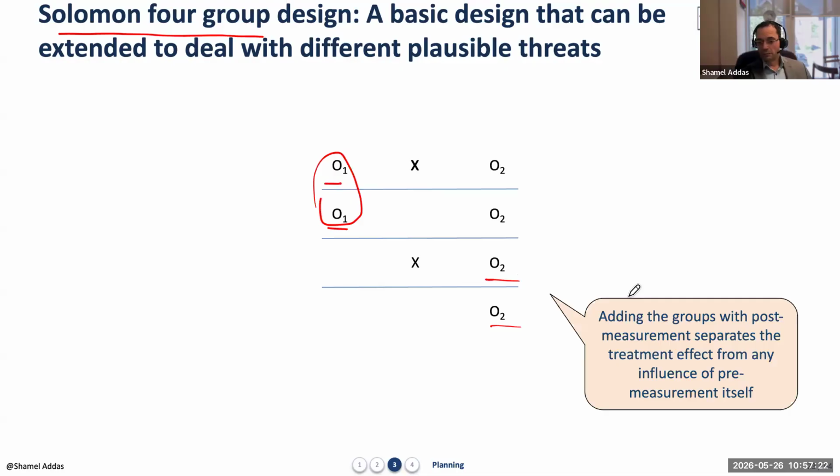So here, what we're doing now is we're separating the treatment effect from any influence of the pre-measures itself, because this is the pre-measures. We can compare what happened in terms of the effect from the groups that had the pre-measures to the 2 groups that did not have the pre-measures. Okay, so this allows us to have more confidence in our results.